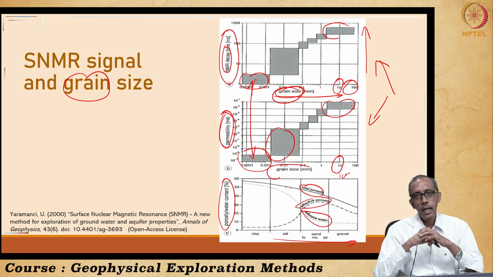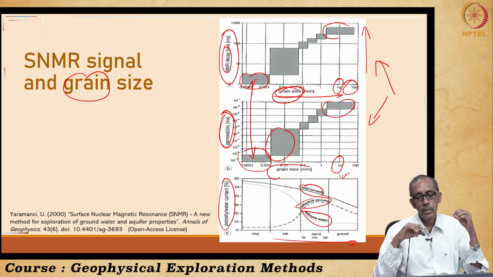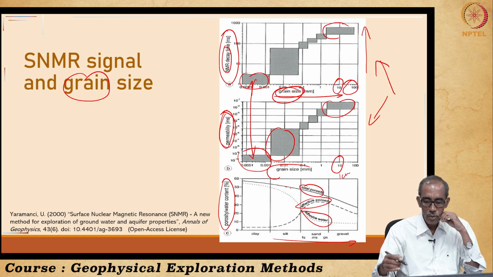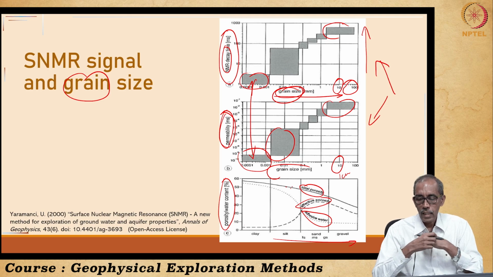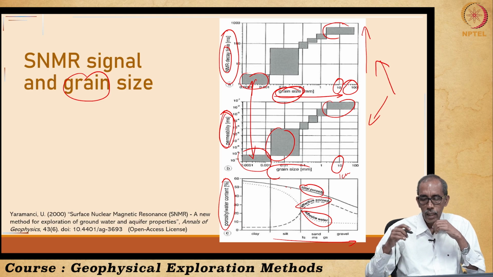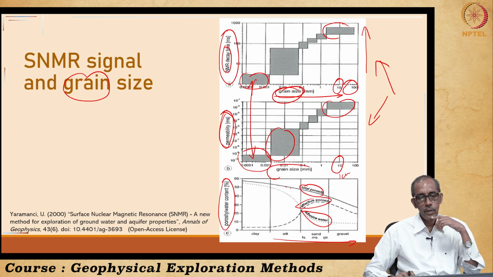Adhesive water and freely moving water can be distinguished using SNMR, we have seen. So, we are able to segregate that too. So, with the help of SNMR, we are able to arrive at the total porosity as well as the effective and adhesive porosity. This is another application of SNMR signal.